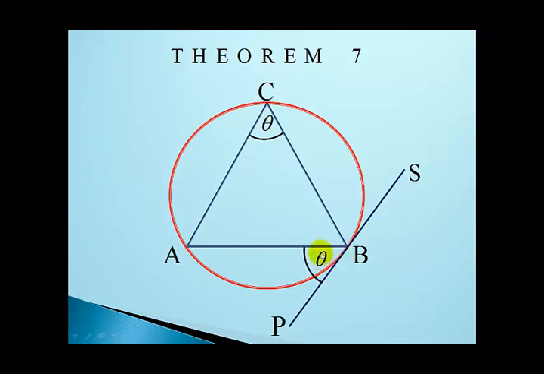This angle theta is equal to the angle that the chord AB subtends at the point C on the circumference. So angle ABP equals angle ACB. That is theta equals theta. The angles are the same.